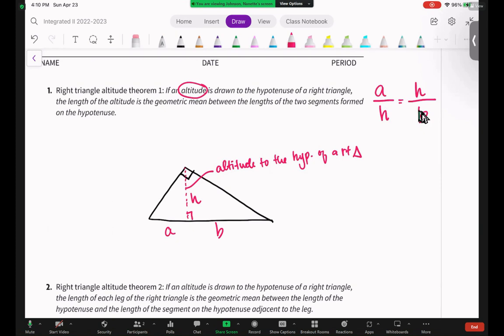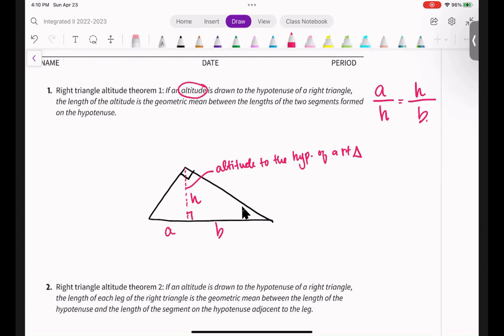So altitude, altitude, altitude, altitude, piece, piece. We're going to do a practice problem like this. Actually, we're going to do a couple practice problems in a second, okay?